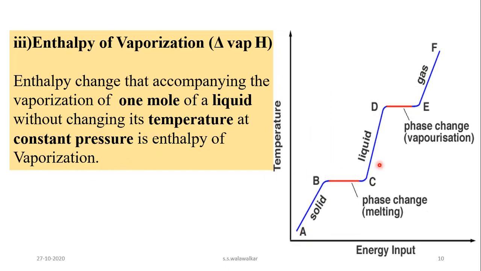So here when liquid is converted into gaseous state, at that point liquid is also there and the gaseous substance is also there, and they are in equilibrium with each other, and at this particular stage the temperature is constant, and that is called a phase change from liquid to gas. That process is called vaporization, and it is an endothermic process. Heat is absorbed during this phase change.